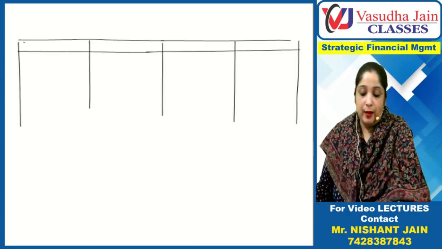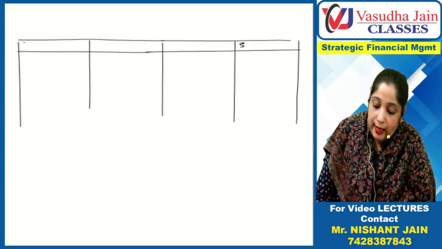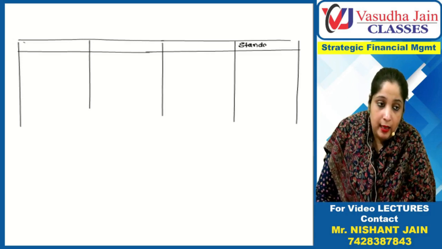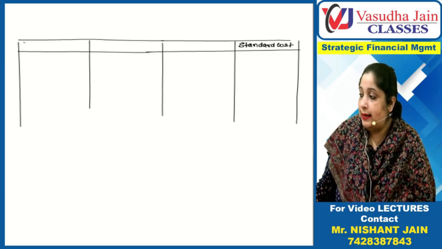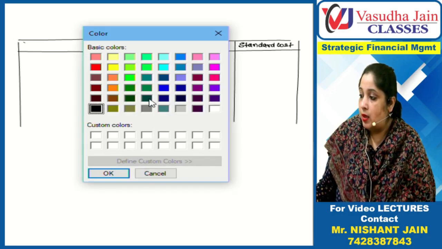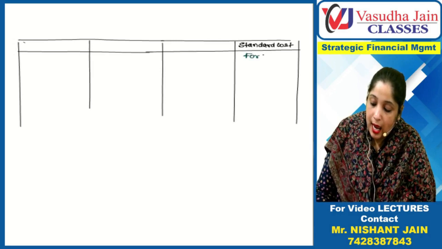So I have prepared a table on this side, with four columns, in which I am going to write standard cost, and this is very important, for actual output.